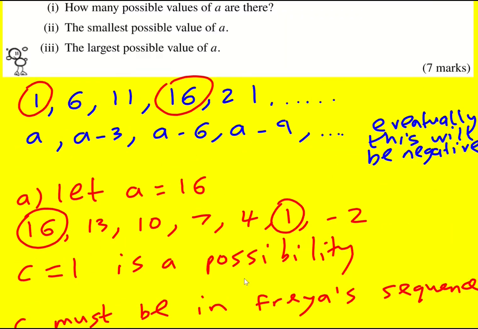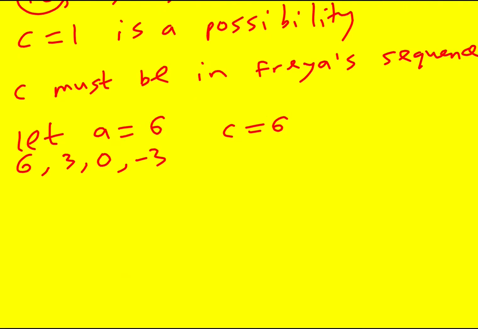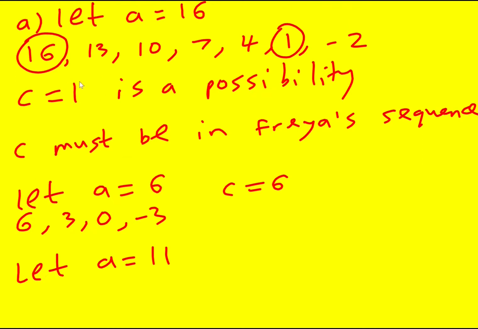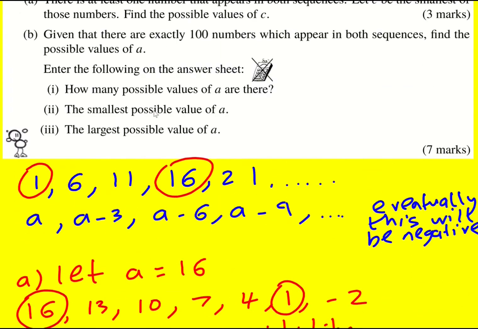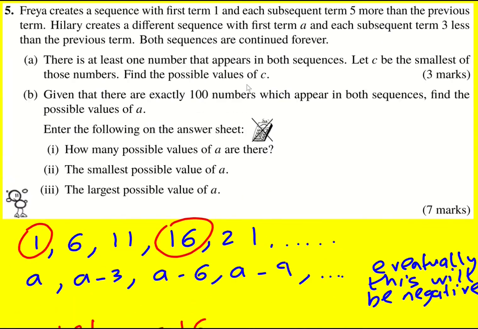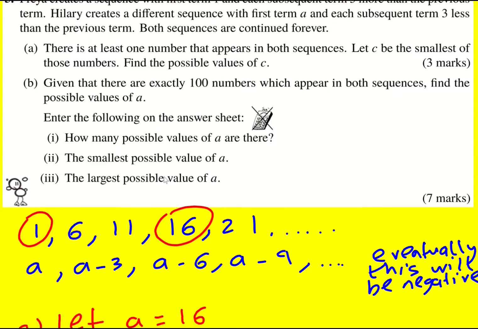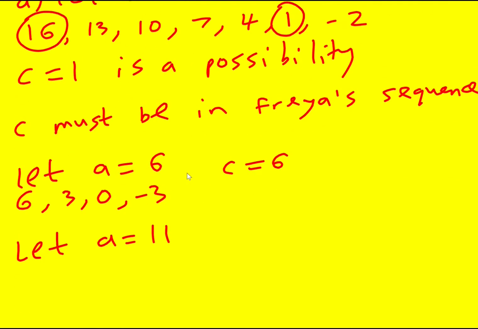And then, how about 11? Okay, well then let's let A equal 11. I could have just let A equal 1 for the starting one. I just thought, actually, when I read this question originally, I thought it had to have more than one shared one, but because it's at least one, it can include one. A equal 11, then I'm going to get 11, 8, 5. None of these are in that other sequence, 2, minus 1. C can equal 11, so 3 possibilities.